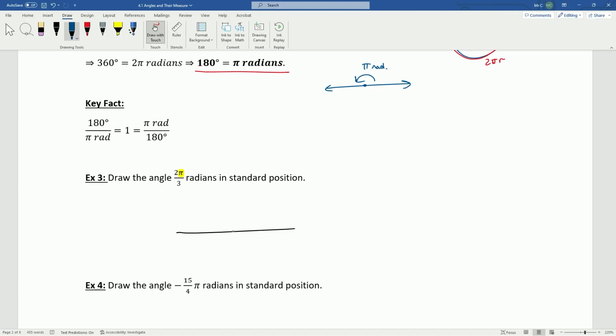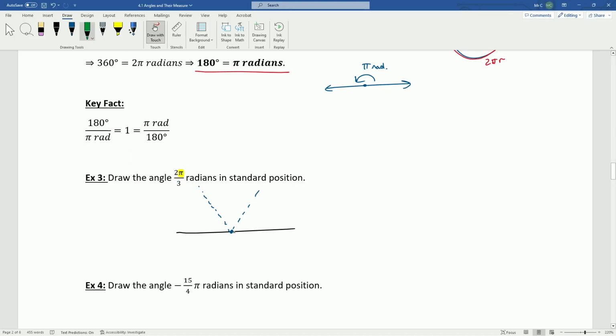It shouldn't cause you any problems. This straight angle is pi, so let's divide it into thirds, right? Just draw roughly some dotted lines to cut pi into thirds. And the angle should be 2/3 of pi.